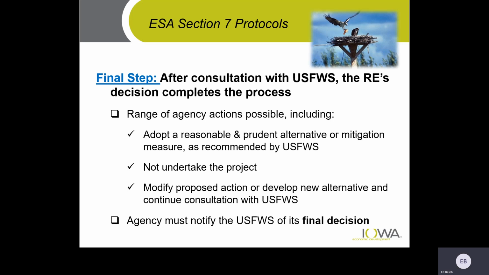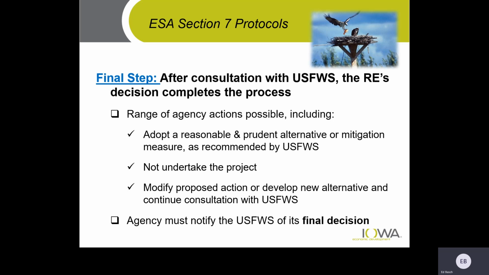After your consultation is complete, you complete your decision making, and there are a range of possible actions. You can adopt reasonable and prudent alternative or mitigation measures, and I have seen that, and sometimes it's just common sense stuff and doesn't really negatively affect your project much or increase costs. Of course, you can always not do the project at all.